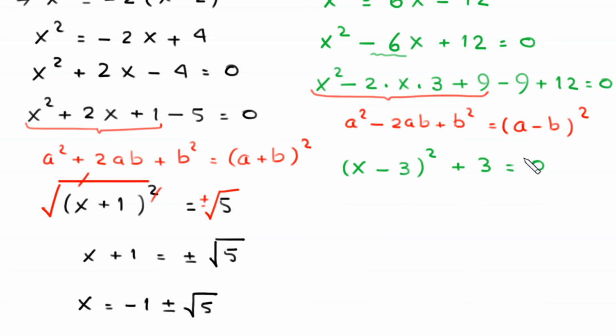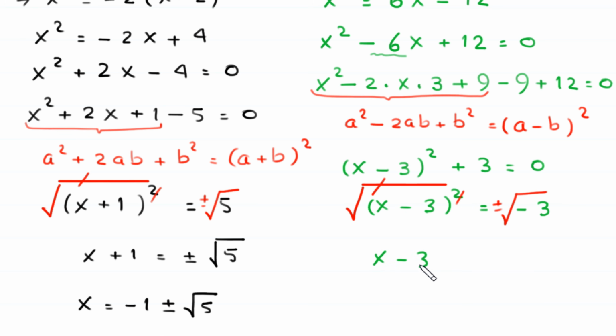Move this 3 to the right hand side, this will become x minus 3 whole squared equal to negative 3. From here we take square root of both sides. So this square will be cancelled out with this square root. We are left with x minus 3 equal to plus minus root negative 3, which can be written as root negative 1 times root 3.